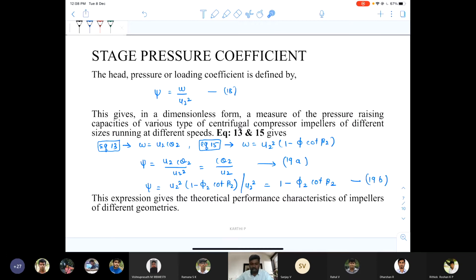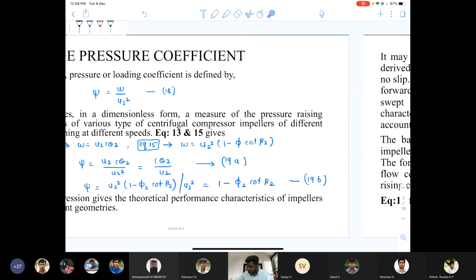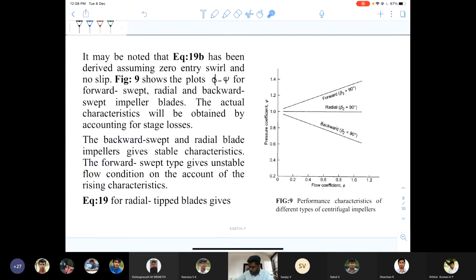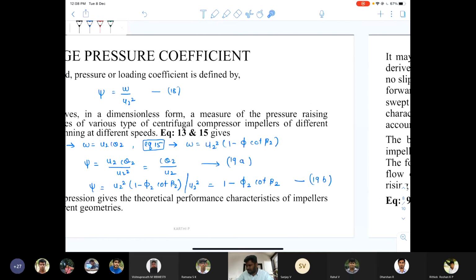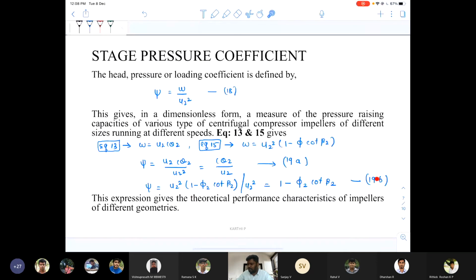If the impeller is of different geometry, you can get the theoretical performance characteristics by using these equations.